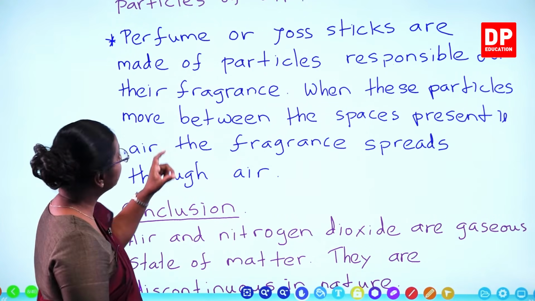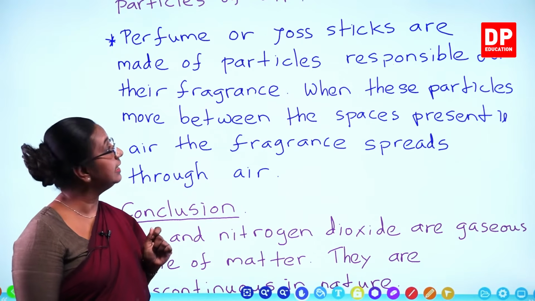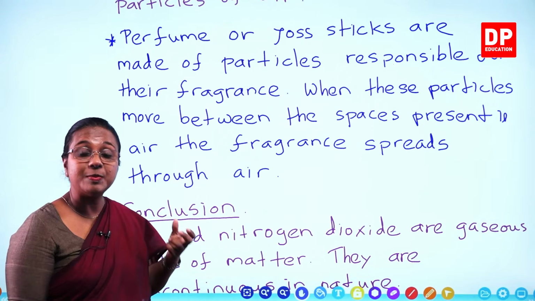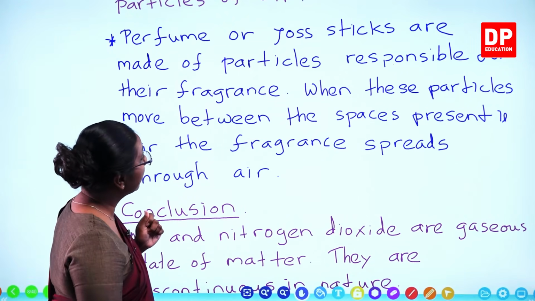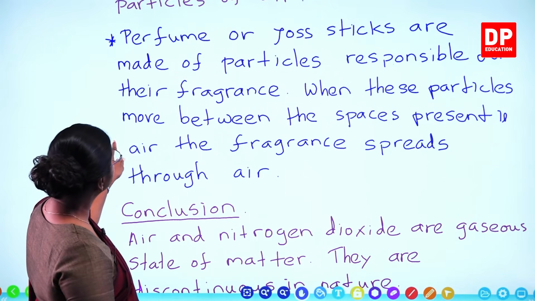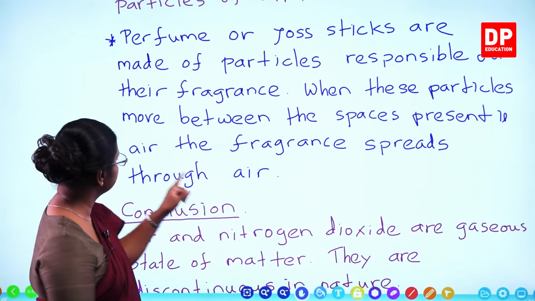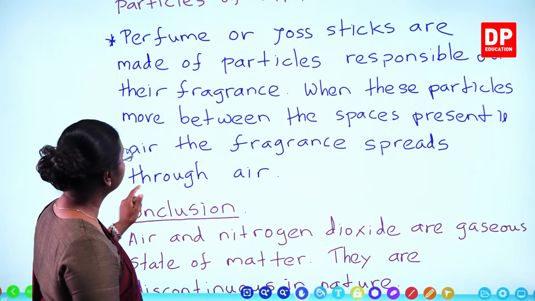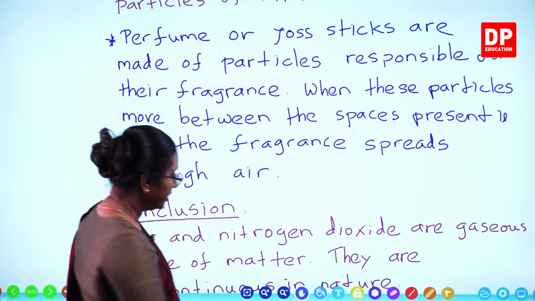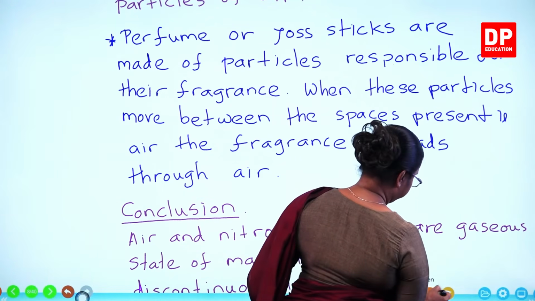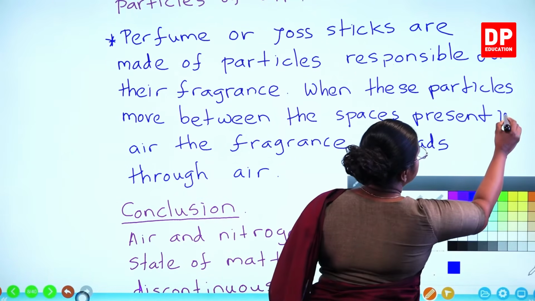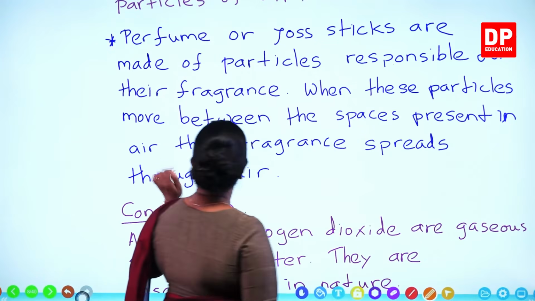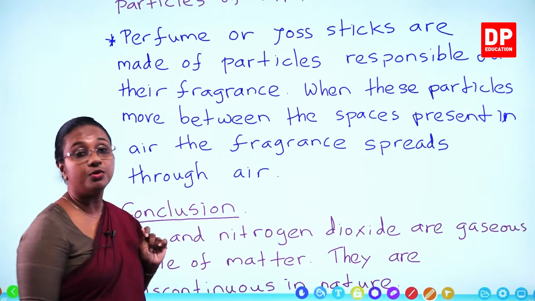So when you spray this perfume or burn the joss stick, the fragrance particles spread through air. When these particles move between the spaces present in air, the fragrance spreads out through air.